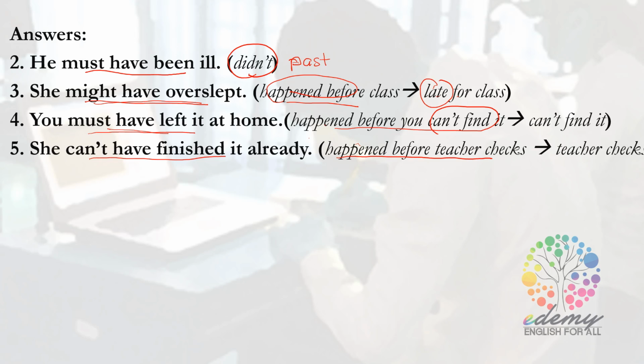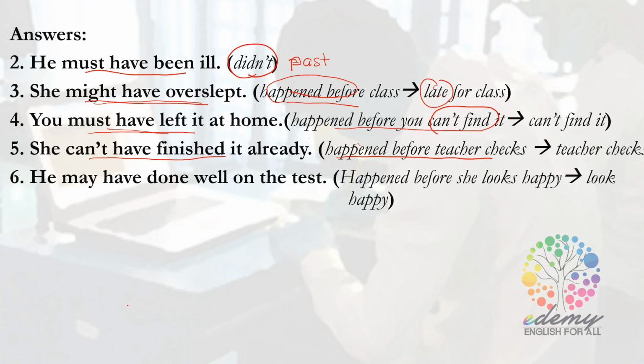So we move on to the last question. Why is Carl looking so happy? And we have the words may and do well in the test. So the answer is he may have done well on the test. We use past tense again. The present time now, imagine that Carl is looking so happy. So we wonder, what made him so happy? What happened before that made him look so happy?